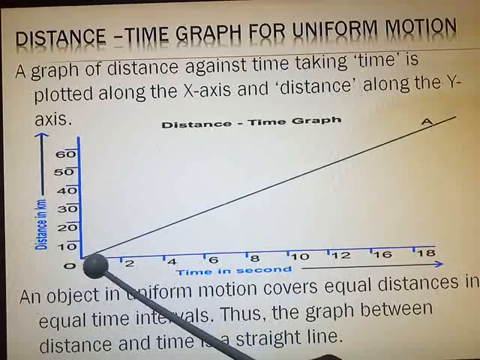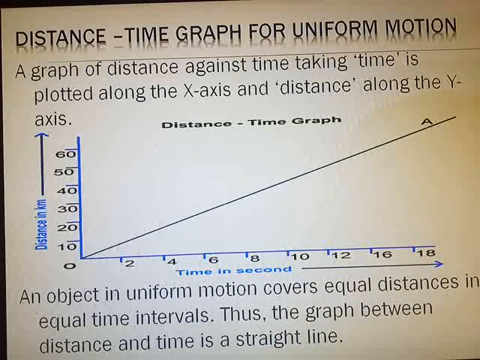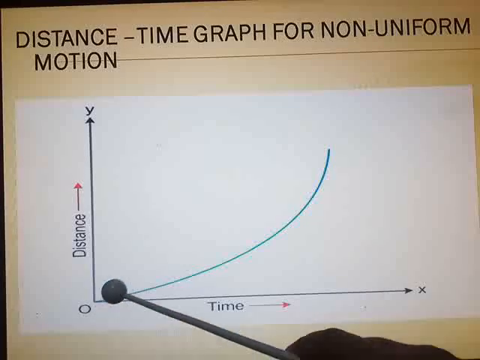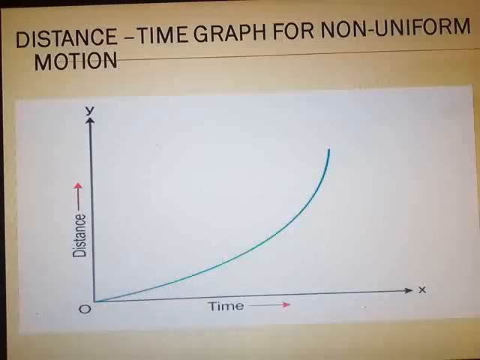On the other hand, for non-uniform motion, the graph of distance versus time is not a straight line. You can see the curve, because the distances are not traveled in a uniform way. The object is having a non-uniform motion.